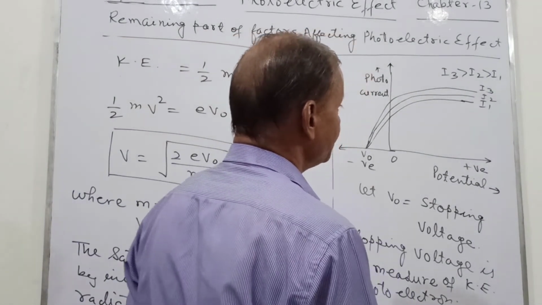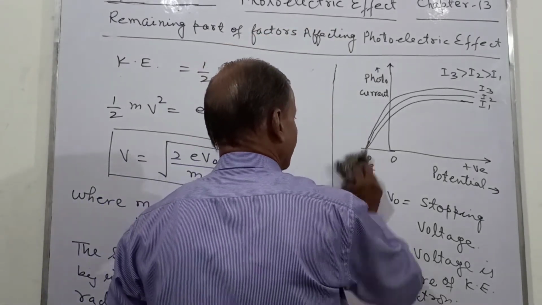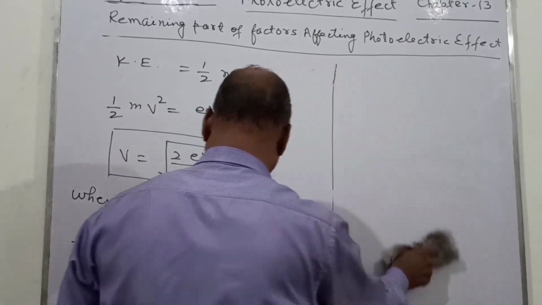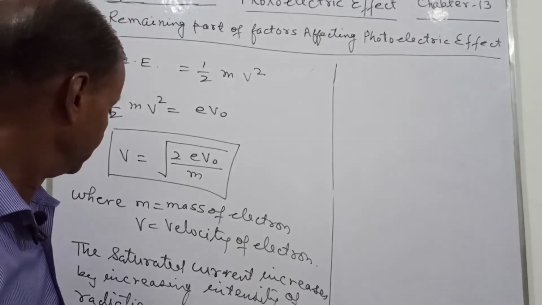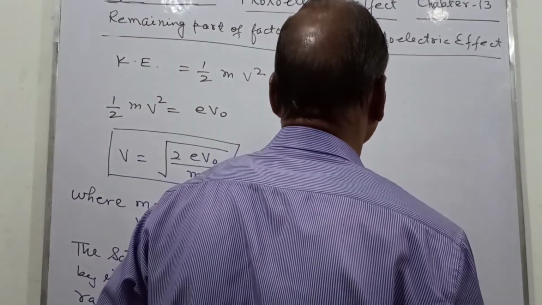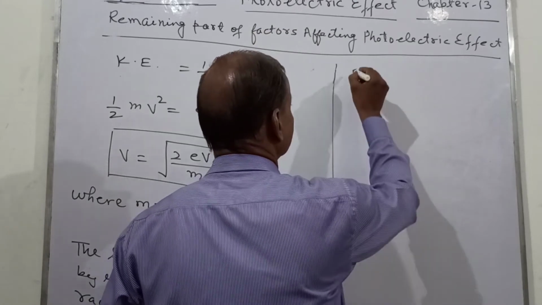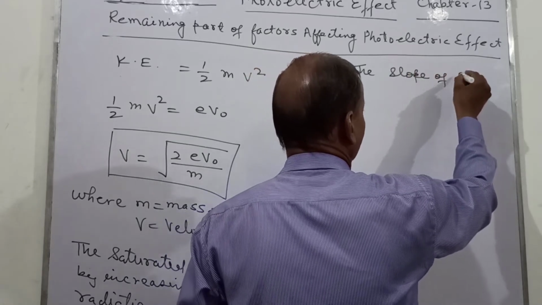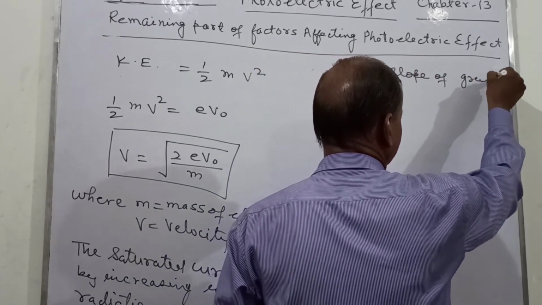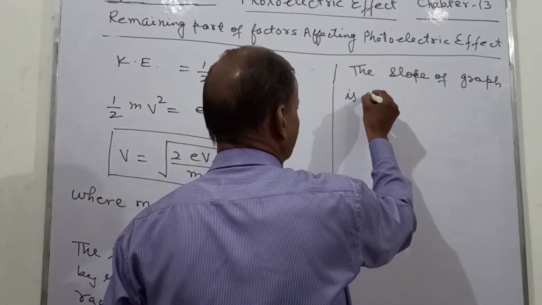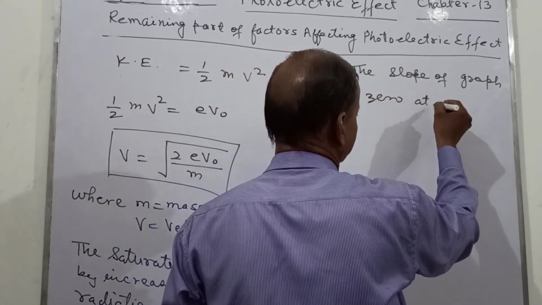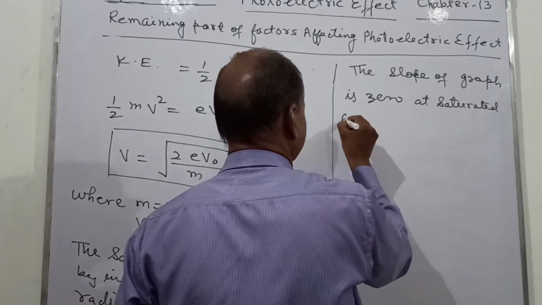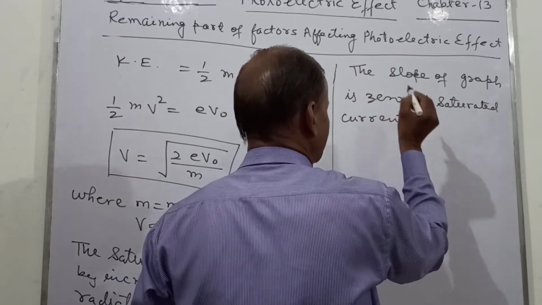The slope of the graph is 0 at saturated current.